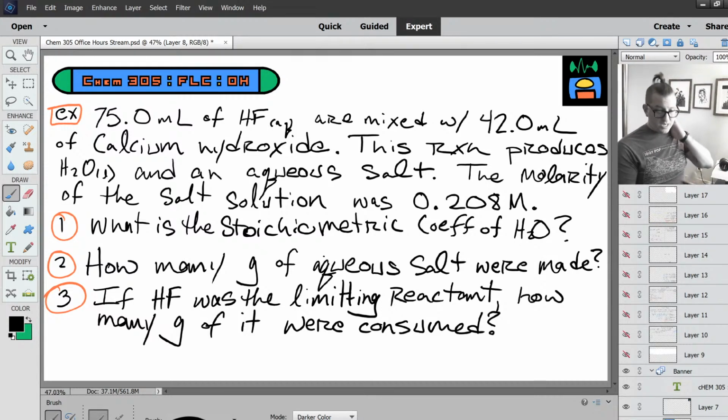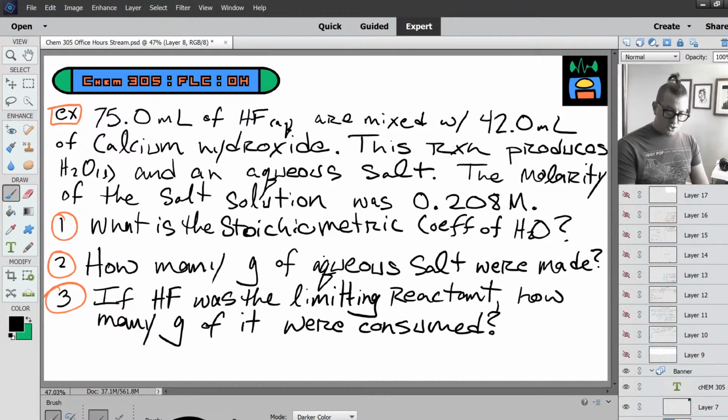You can see we've got hydrofluoric acid and calcium hydroxide. I didn't intend this, but sometimes things just work out nicely. This is a neutralization reaction, right?